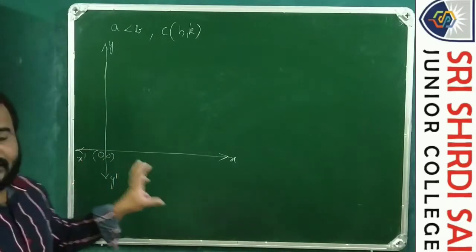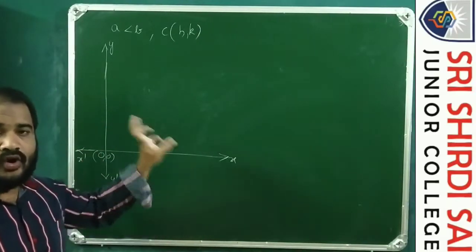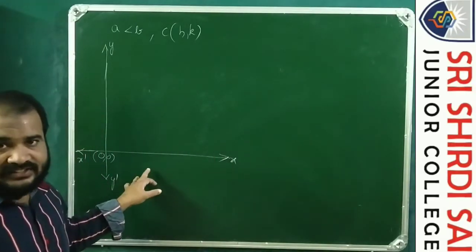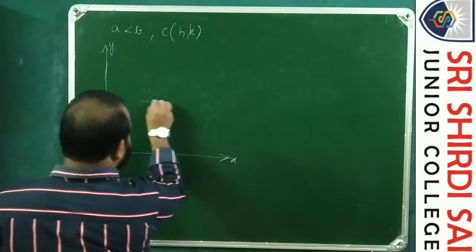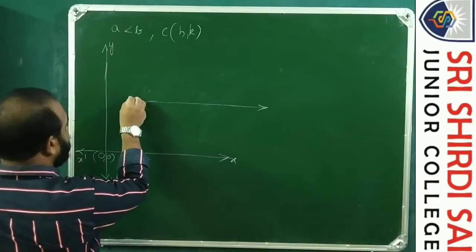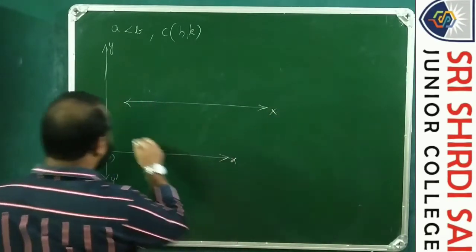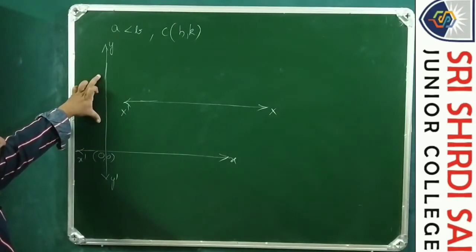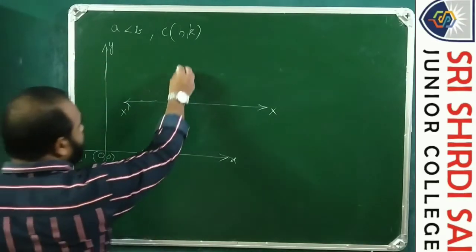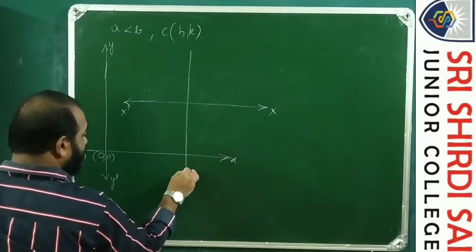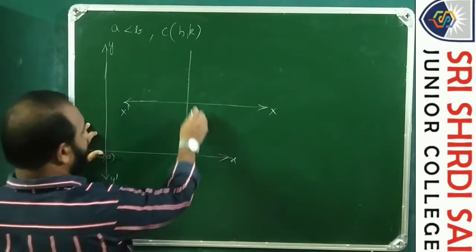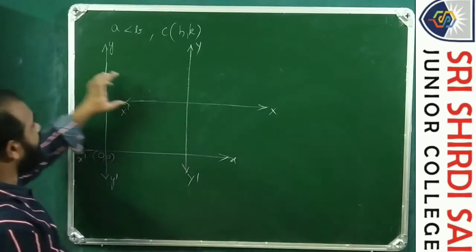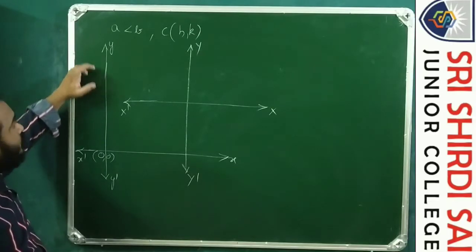Without changing the actual direction of the coordinate axes, the new x axis, capital X dash, is parallel to small x dash, and the new y axis, capital Y dash, is parallel to the old y axis, small y dash.